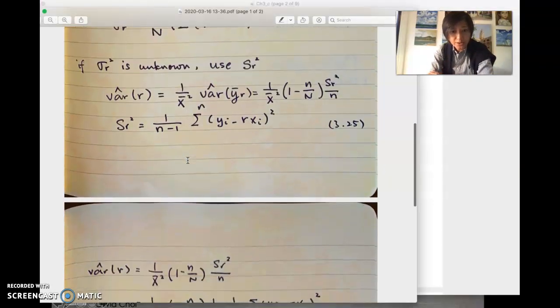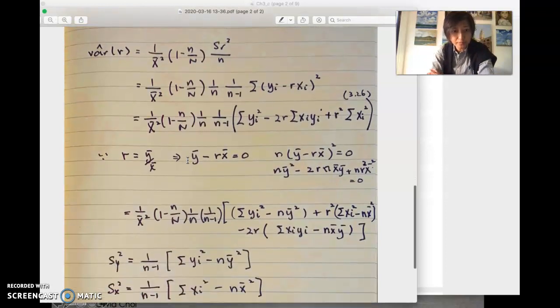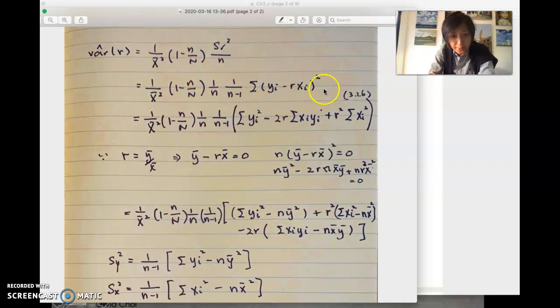Very quickly, I will show how we arrive at equation 3.27. So this is s R squared. Expanding s R squared, we have equation 3.26. We know R equals y bar over x bar. Put it this way, y bar minus R x bar will equal 0.